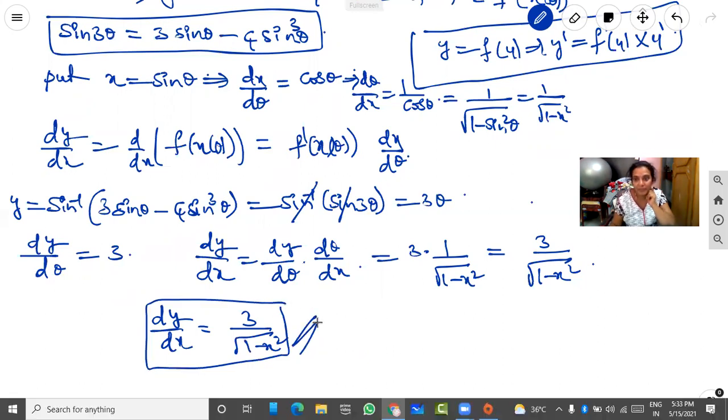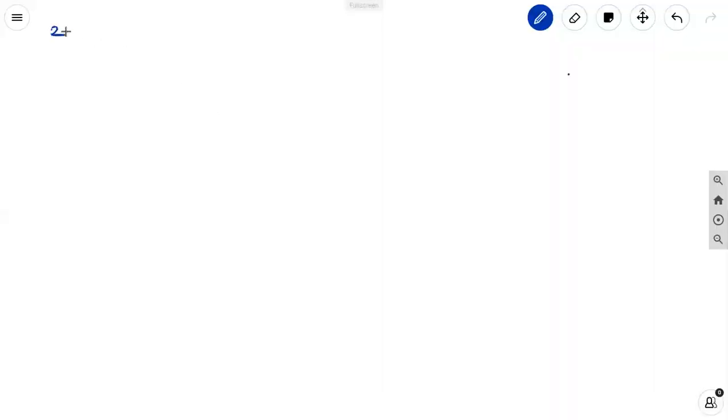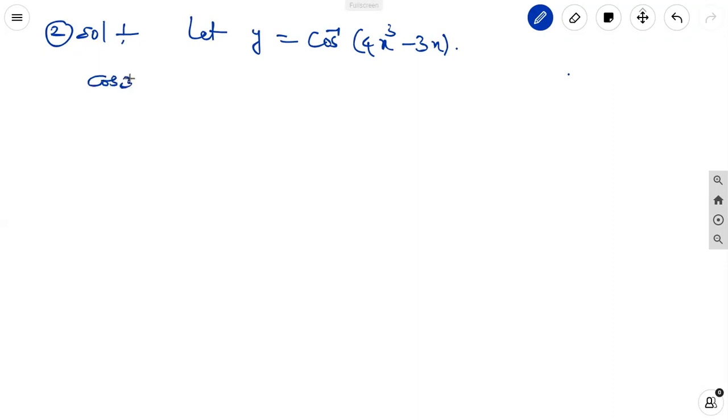Second solution. Second problem is let y is equal to cos inverse of 4x cube minus 3x. Here also, cos 3 theta equal to 4 cos cube theta minus 3 cos theta.